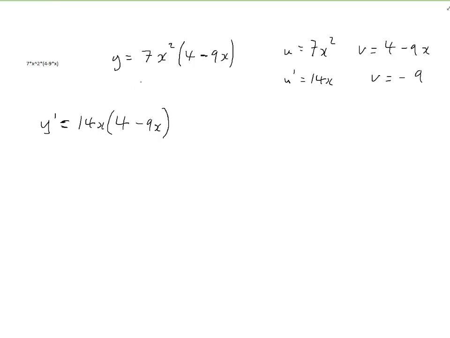So that's this part times this part. And then we add on this one times this one. That should be a dash. That's differentiated. This times this differentiated. So here we have to remember the minus. So it's negative 63x squared.